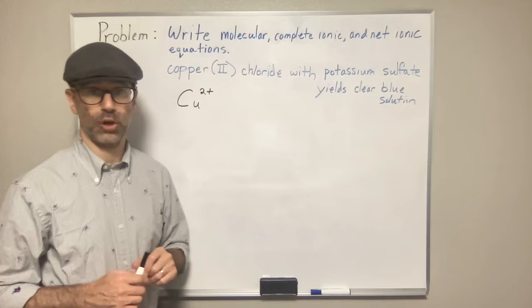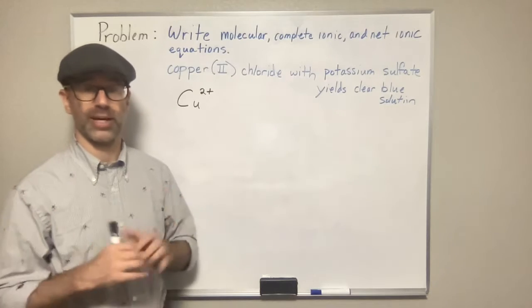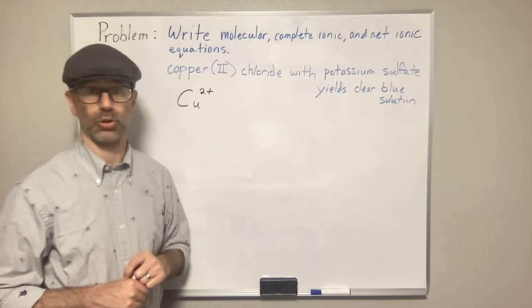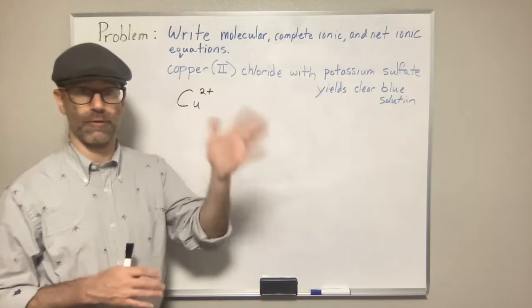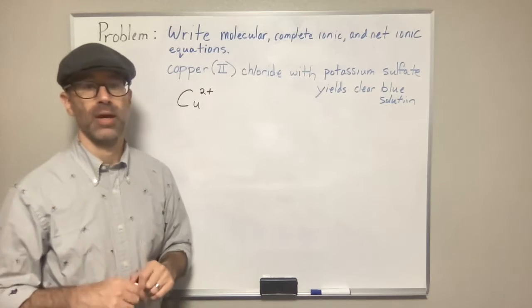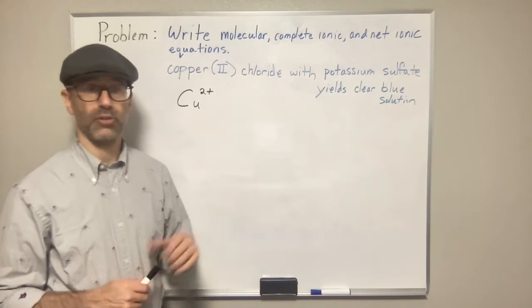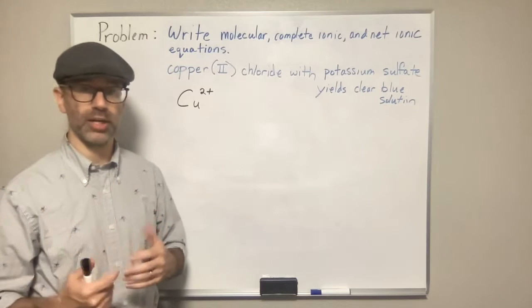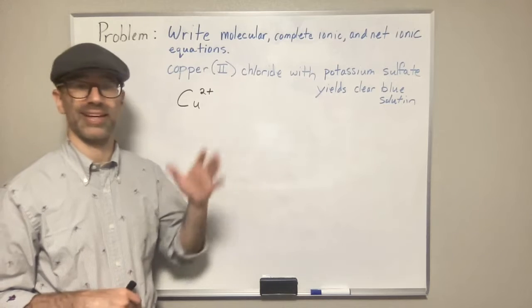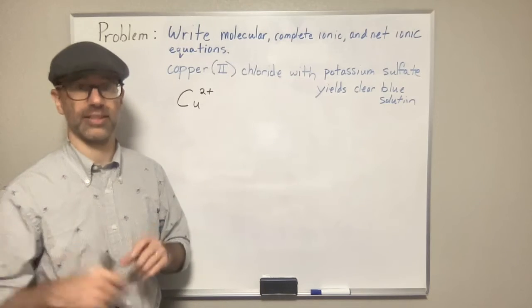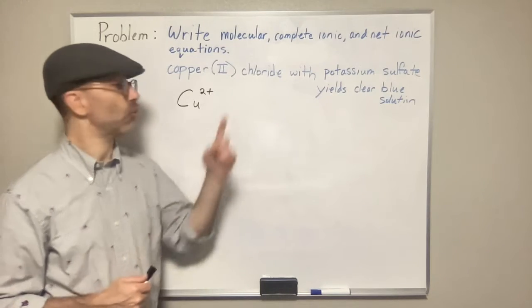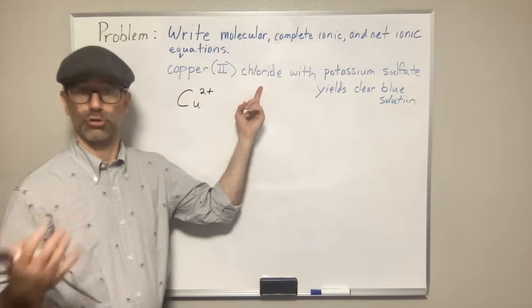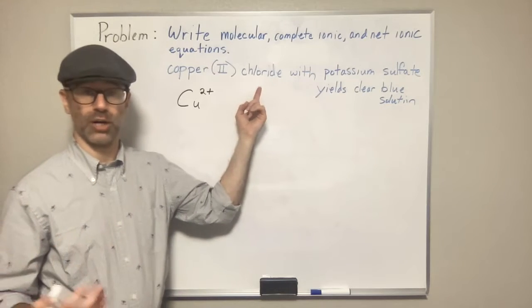This only works for the main group elements, the A groups, 5A to 8A. If you're in group 5A, then 5 minus 8 is -3. If you're in group 7, then 7 minus 8 gives you -1. Chlorine is in group 7, so it's a -1 charge.